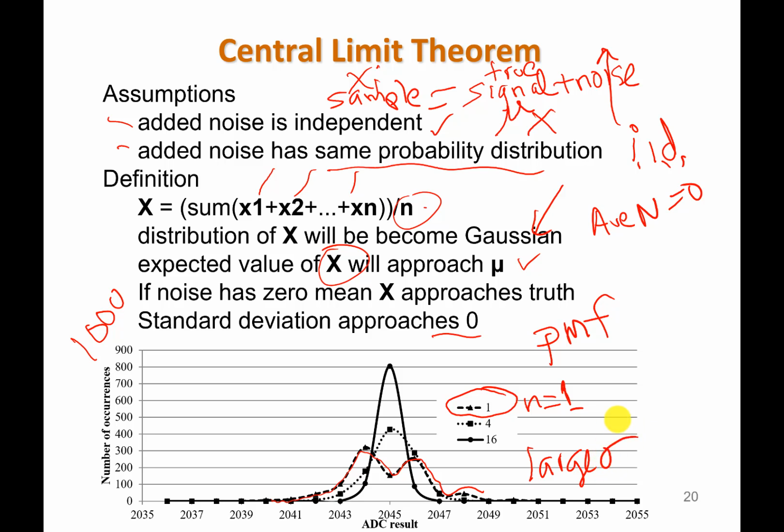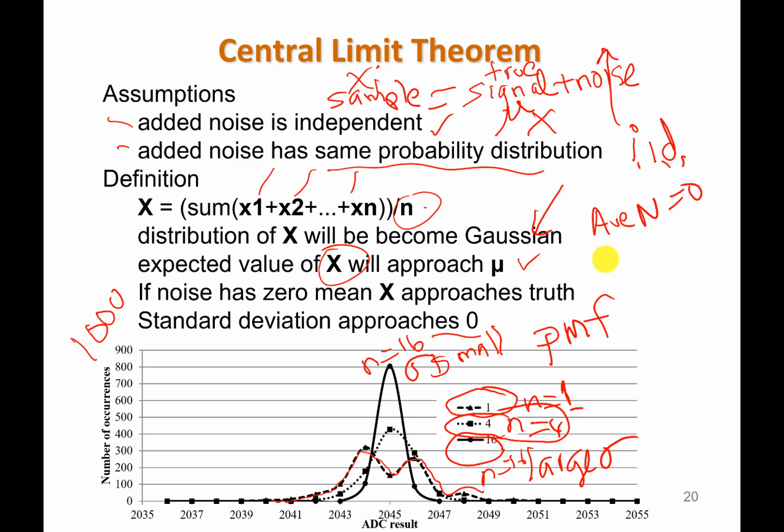Whereas if I take n equal 4, I lose the 2 humps, and the standard deviation goes down. If I take n equals 16, my distribution is very Gaussian, and it has a very small standard deviation.